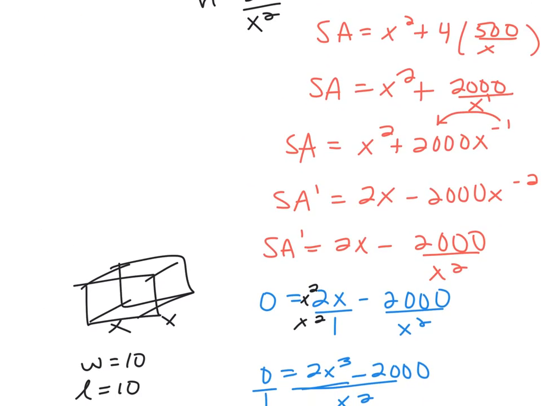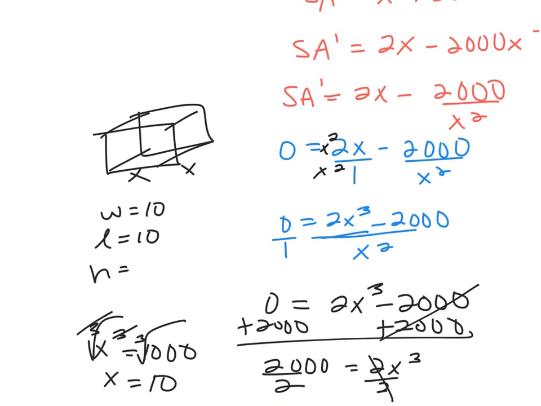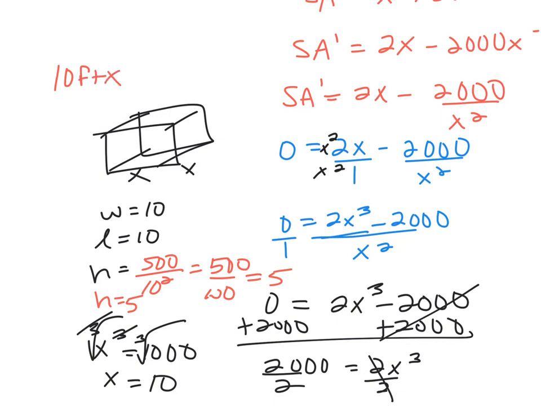So to get my height, I'm going to do 500 over 10 squared. That'll be 500 over 100, and that gets you 5. So my length, my width, and my height are now found. So I know that my aquarium is 10 feet by 10 feet by 5 feet.